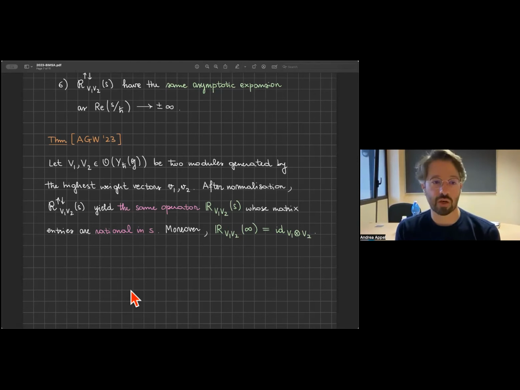This normalization procedure can be done relying only on the highest weight vector and the fact that we're working with highest weight modules. And then again, we have infinite dimensional modules, not integrable, and also not necessarily irreducible. These are highest weights, so they are okay.